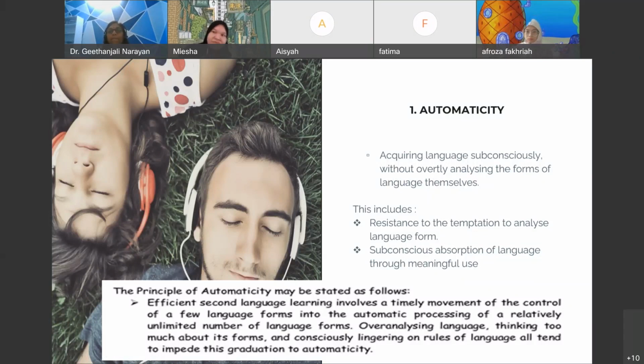Like it says here, acquiring language subconsciously. I'll just put it in a very simple manner. You have the knowledge of the language. Let's say this language is something that you use in the house most of the time, may or may not be your mother tongue, it could even be a second language, but you use it so often at home, so frequently.